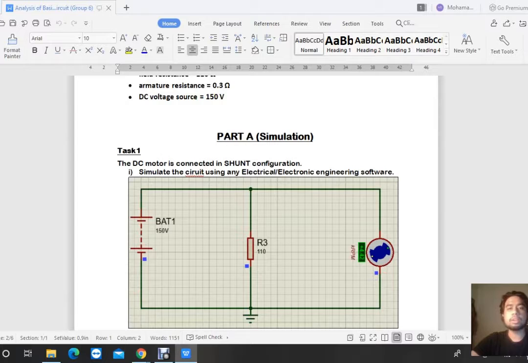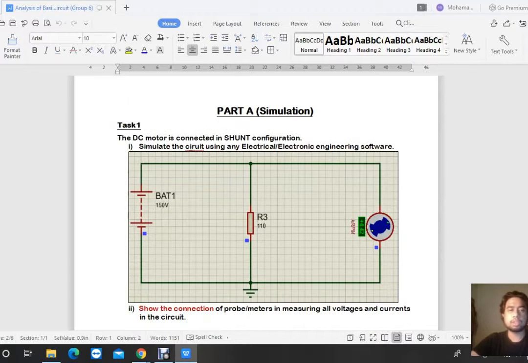For part A, simulation task 1, the DC motor is connected in shunt configuration. Simulate the circuit using electrical electronic engineering software. So this is the simulation. The software that I use for this experiment is Proteus.